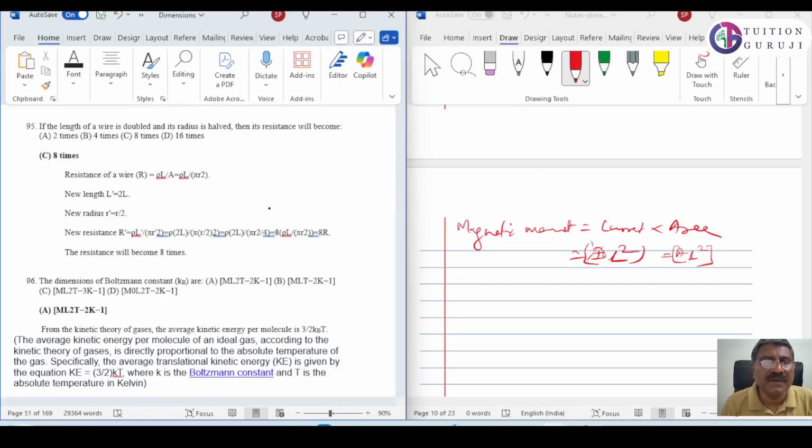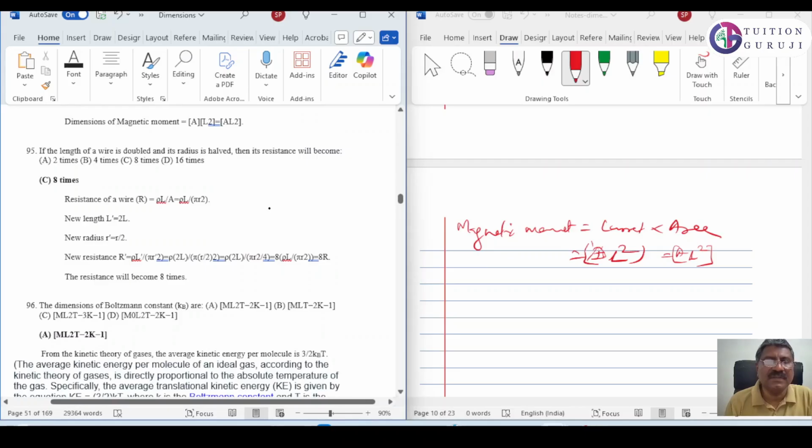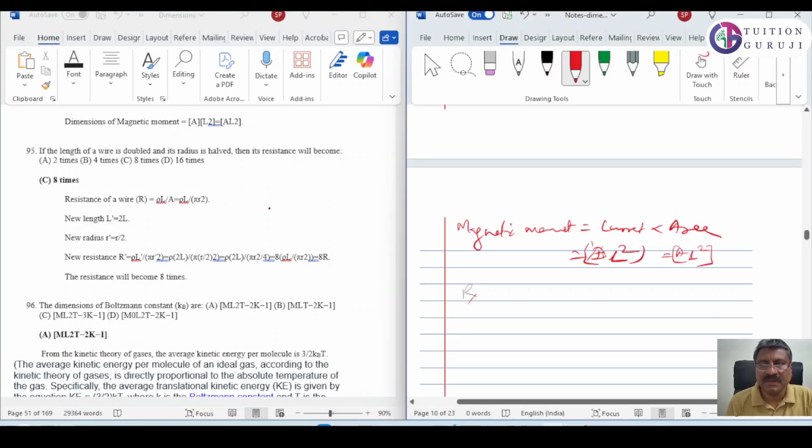If the length of a wire is doubled and the radius is halved, then resistance will become how many times? So we know R is equal to ρL by A, which is ρL by πR².